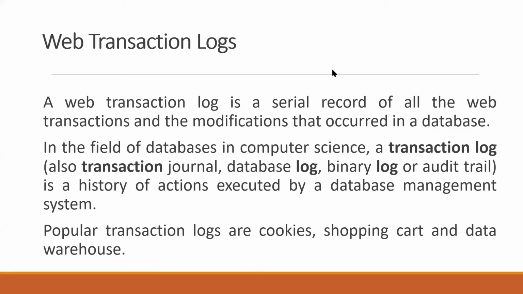That's why web transaction logs are so useful for the seller to know what the customer wants, what products they're looking for, how they make the payment, what reviews they have written. All this information can be created and analyzed to identify what is in the mind of the customer. So these web transaction logs are very important for the seller as they can create the database of the customers.